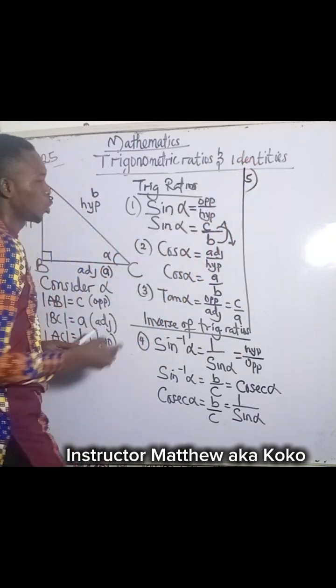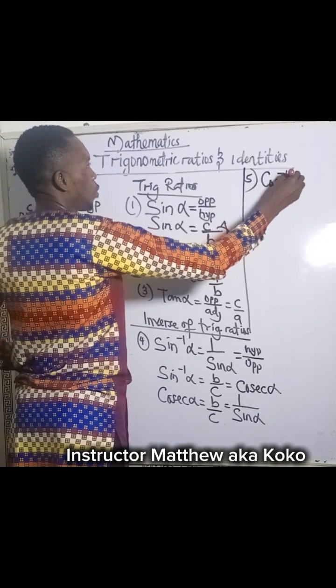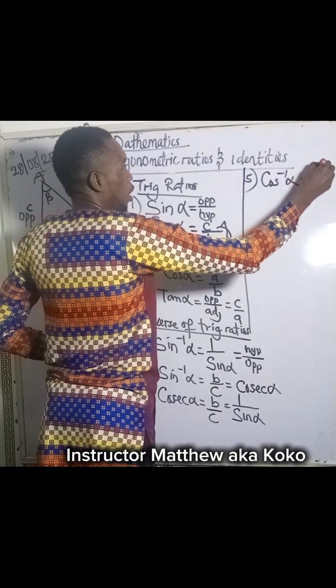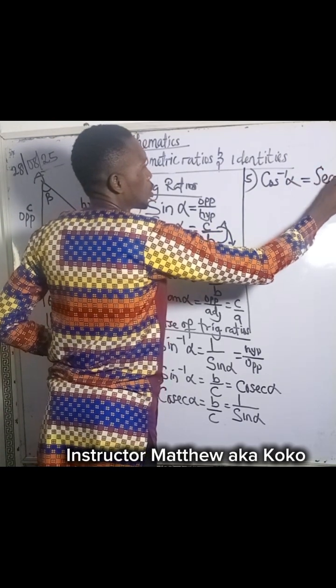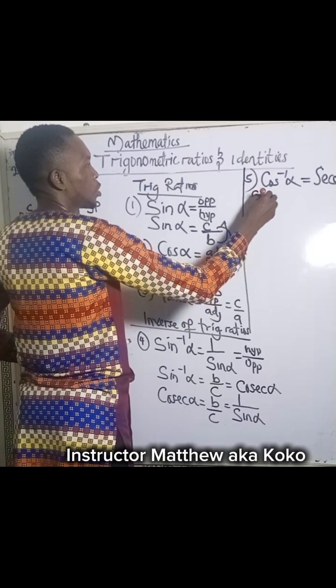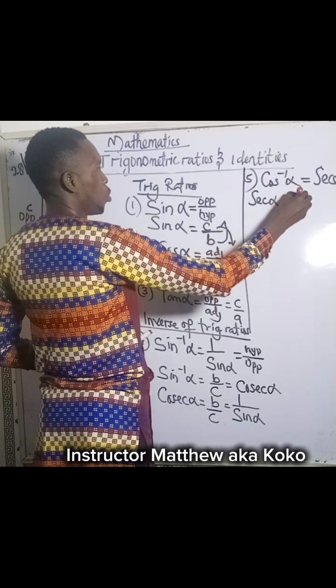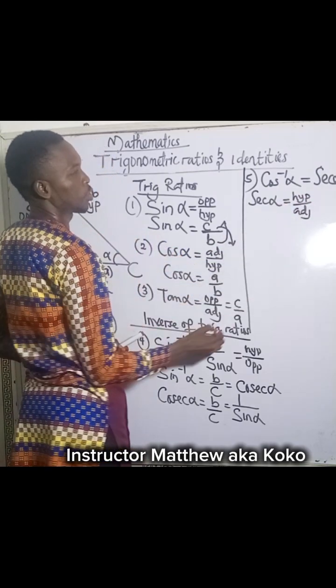Number 5, we find the inverse of the cosine of an angle, and that is called sec. So sec alpha is the inverse of this, and that is hypotenuse divided by adjacent.